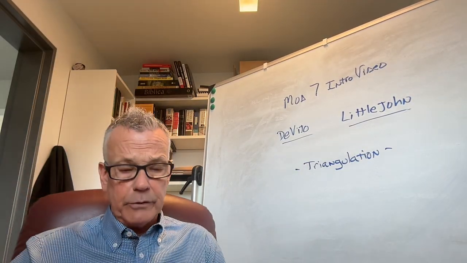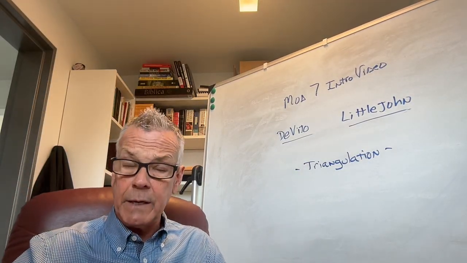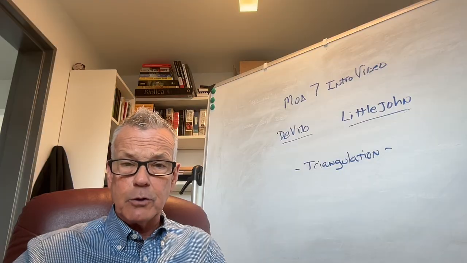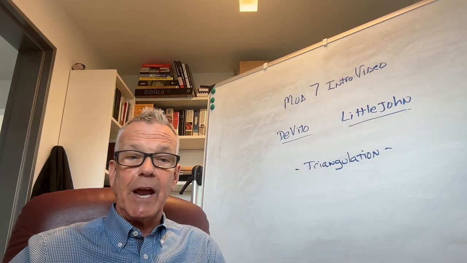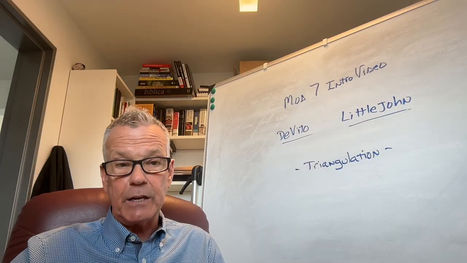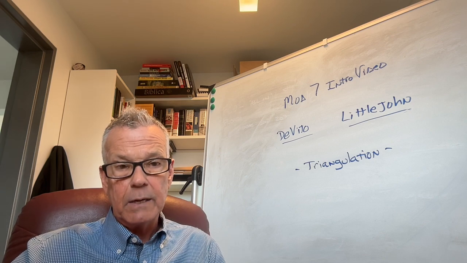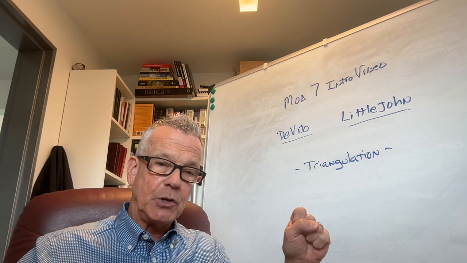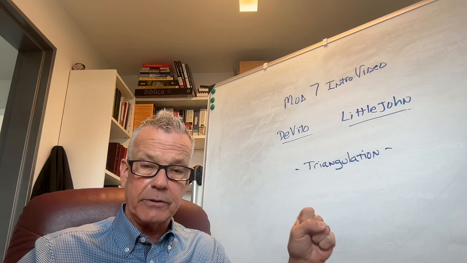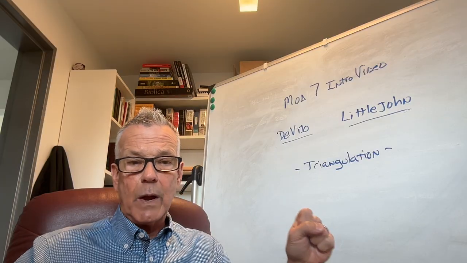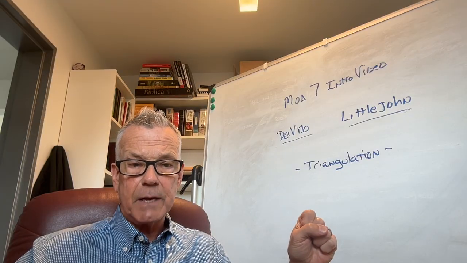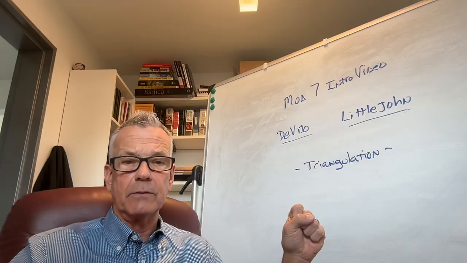Triangulation occurs when somebody wants to win a conflict resolution but doesn't want to suffer any of the costs associated with winning conflict resolution. By the way, I mentioned competing is an unhelpful way to resolve conflict, and all the scholars say the same thing.